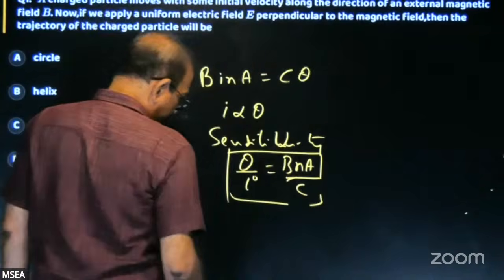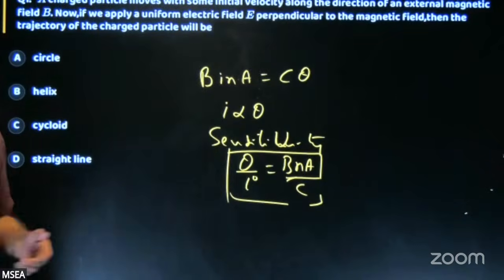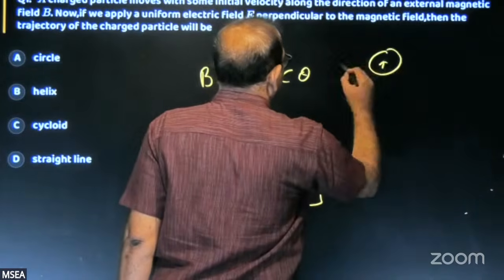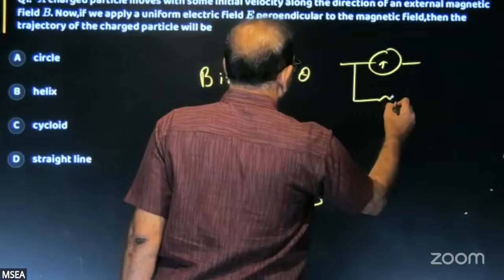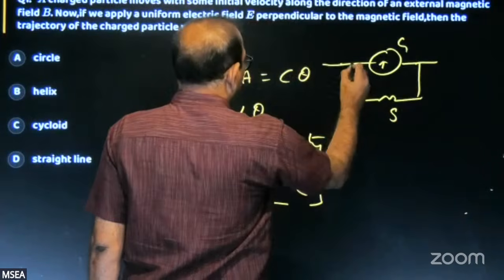Now, this galvanometer can be converted into an ammeter and a voltmeter. By connecting a shunt to the galvanometer, you can convert it into an ammeter.